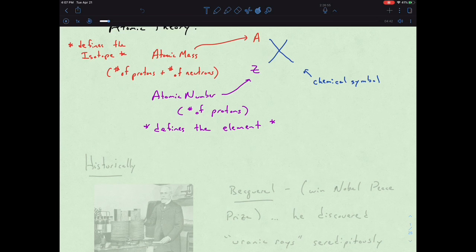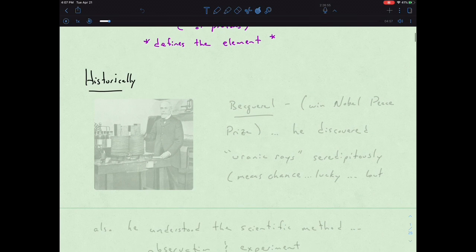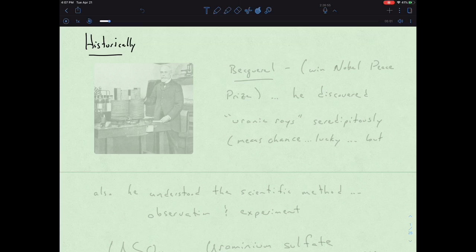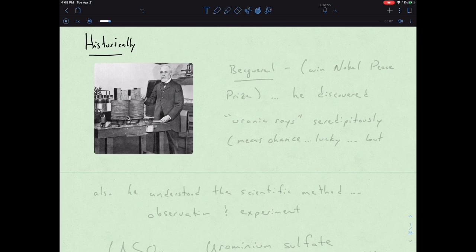So let's start historically. And not too much here. We really have first Becquerel. Becquerel is one of these old dog chemists.